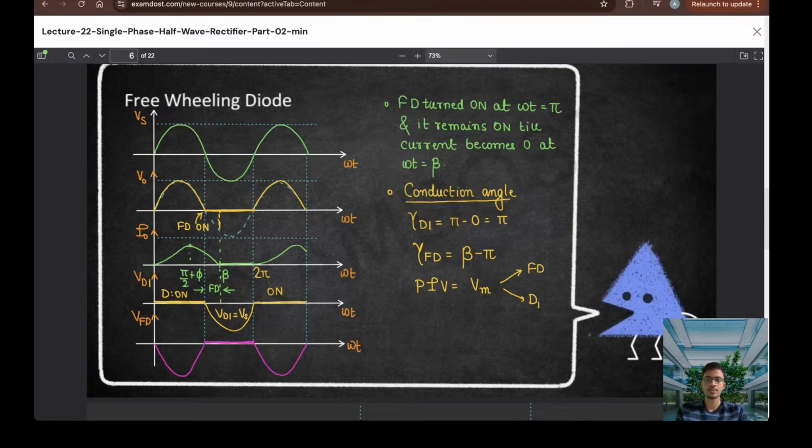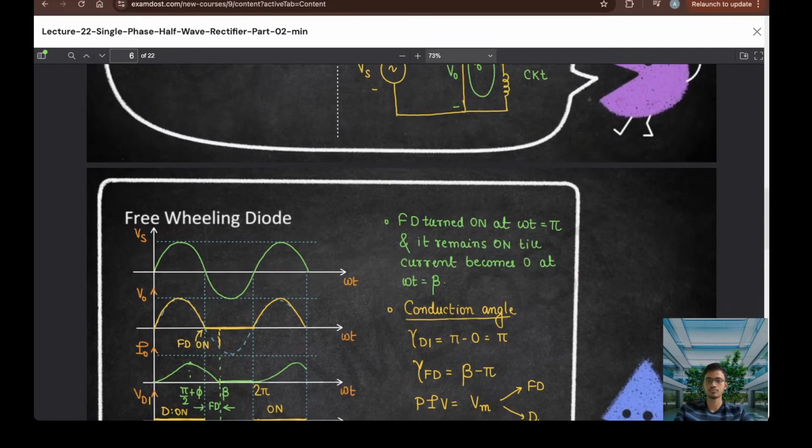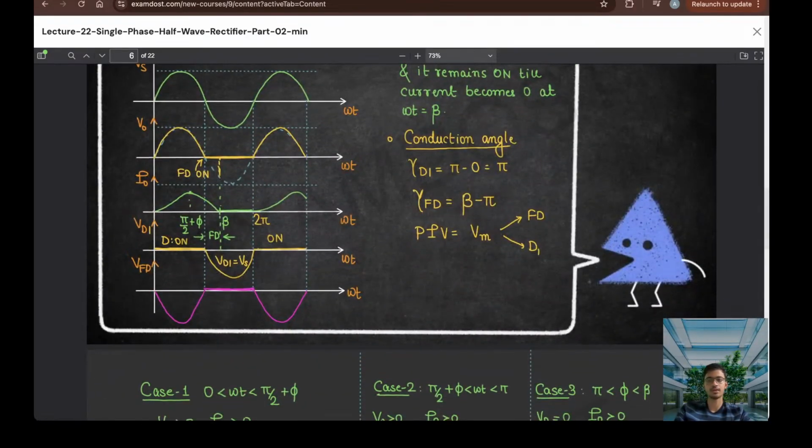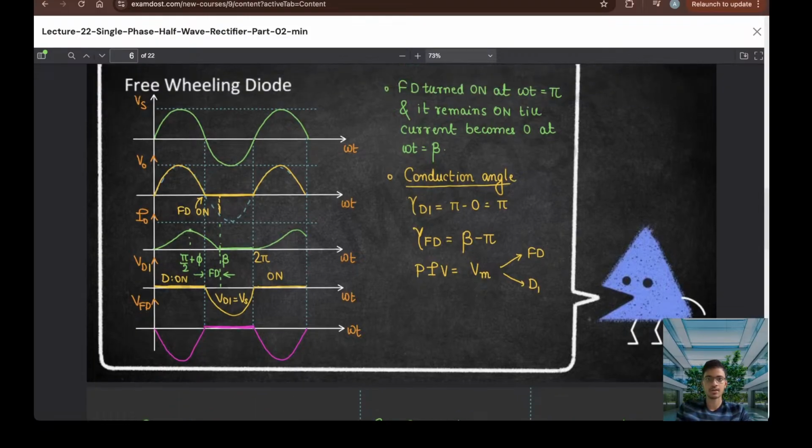The current is maximum at pi by 2 plus phi. VD1 is short when 0 to pi since it is on, and otherwise it follows VS or minus VS. VFD also follows VS when it is open, and when it is on it would be short.